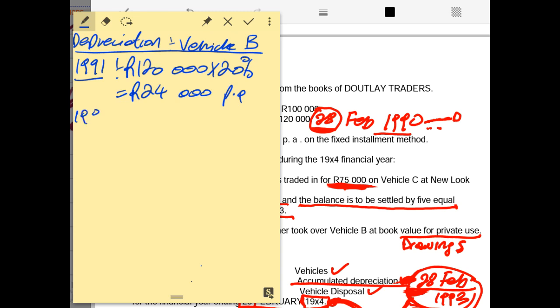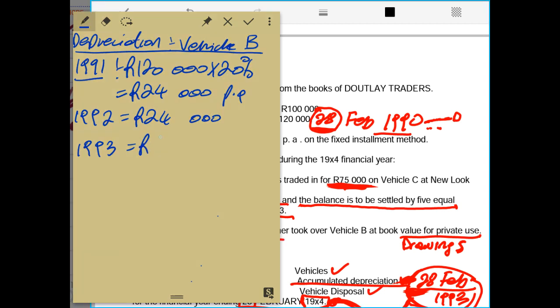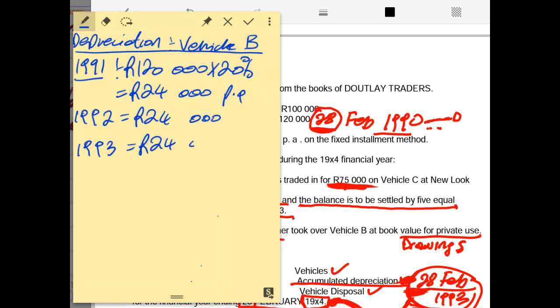And in the year 1992, motor vehicle B was still in the business. So it means the depreciation for this asset must be accounted for the full year. And in 1993, the depreciation for motor vehicle B will still be 24,000 rands because the asset was there for the full year.